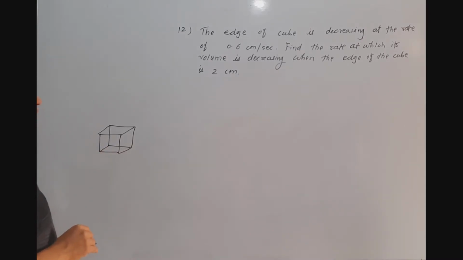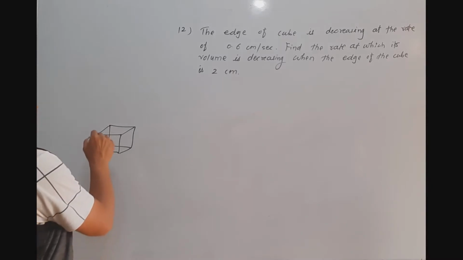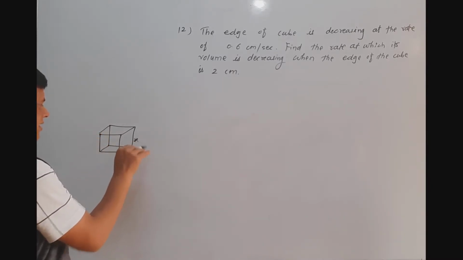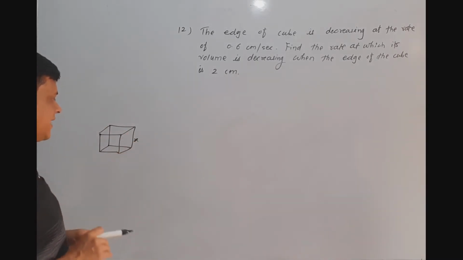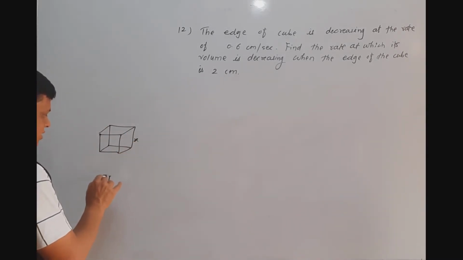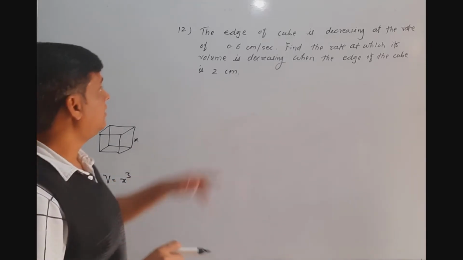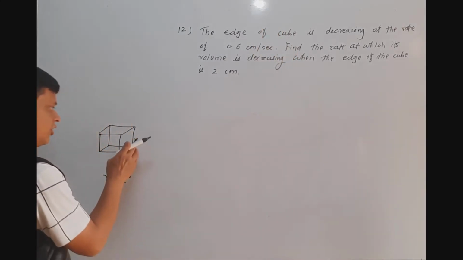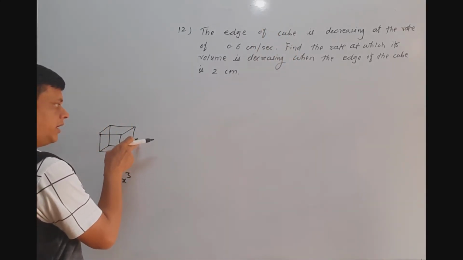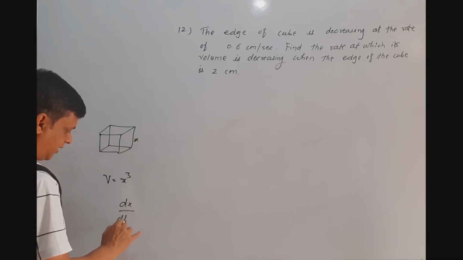So here we consider a cube of edge length x. So if we consider the edge length of this cube as x, then the volume of this cube is x cube. Here the edge of the cube is decreasing, that means the rate of change of decrease of x is given, that means dx by dt is given.